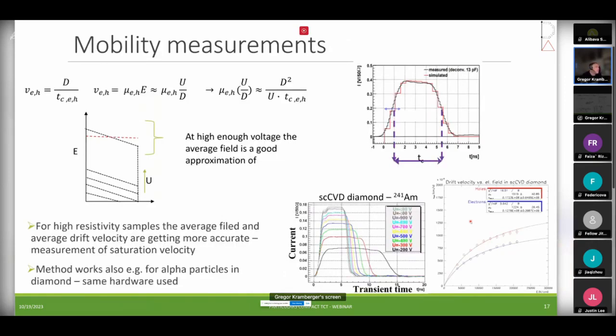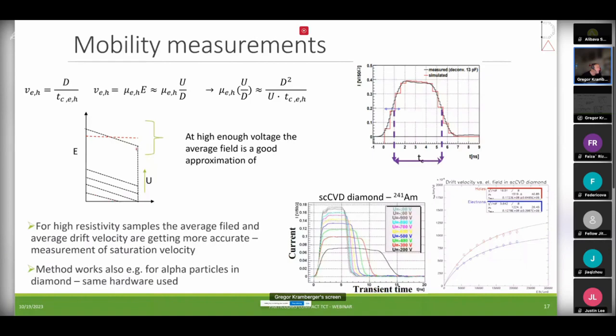So one of the studies that is usually done at the ICFA school, where the compact TCT is also used, this is the instrumentation school for particle physics, is the mobility measurement. If you have a high resistivity silicon diode, it looks like that. This is the electric field profiles for different bias voltages. This is under-depleted, this is just depleted.